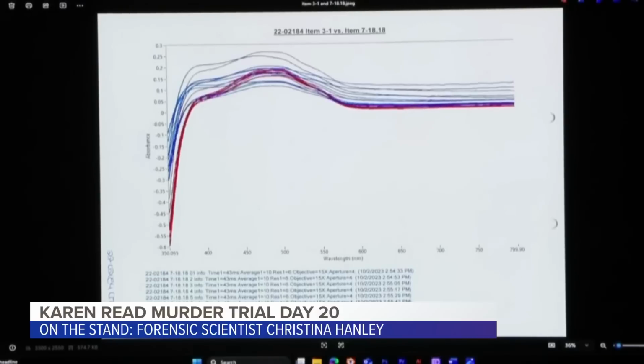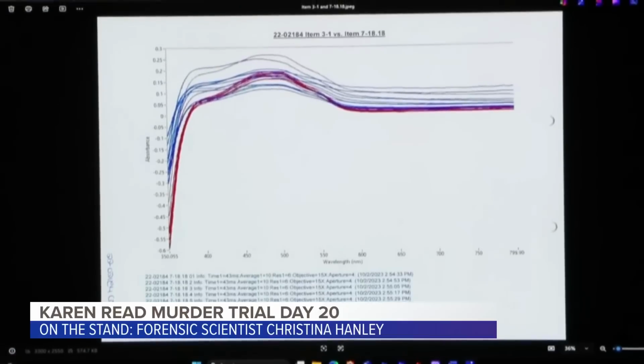And from overlaying the data from the pieces of plastic from Mr. O'Keefe's clothing and the pieces of plastic from the defendant's taillight, what do you observe as far as from overlaying those two sort of data points? So I determined that they had consistent microspec data.